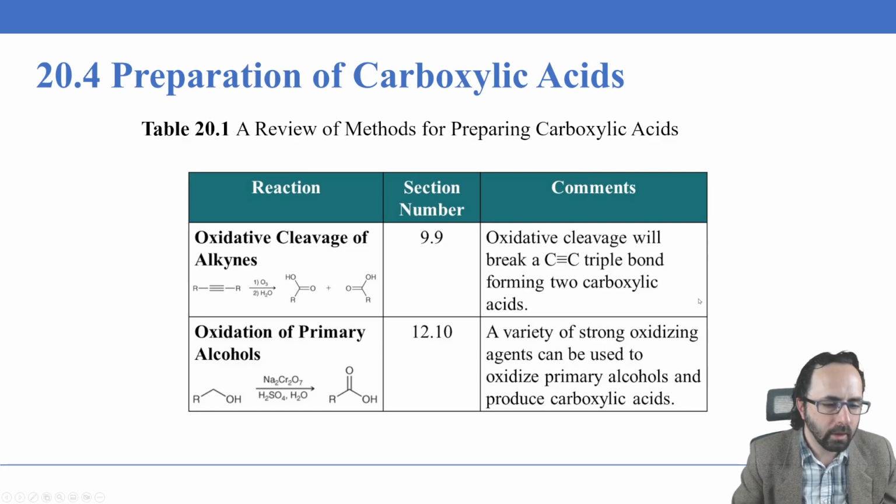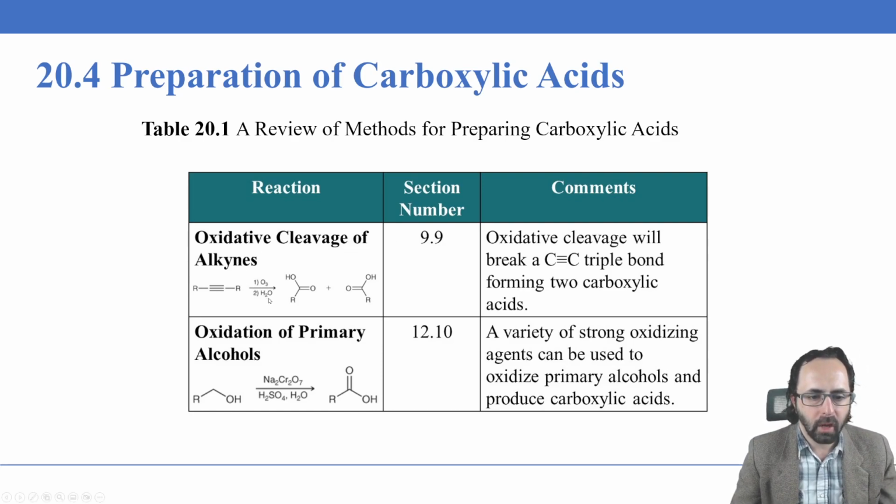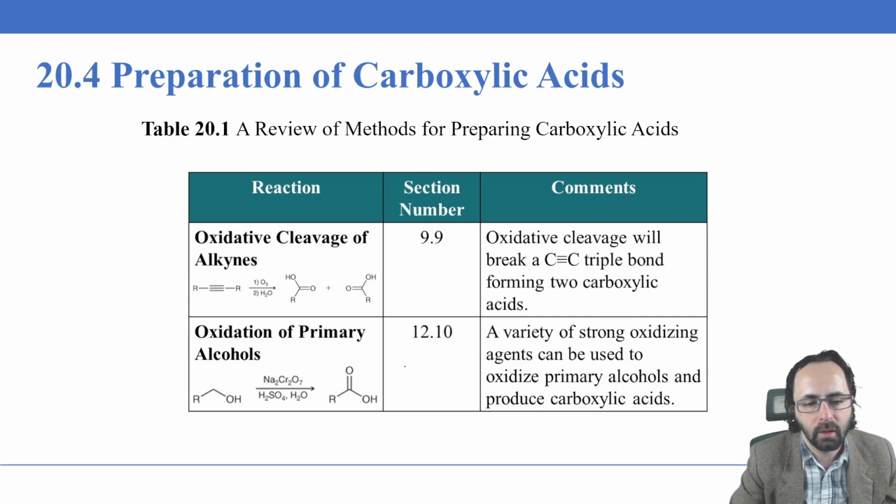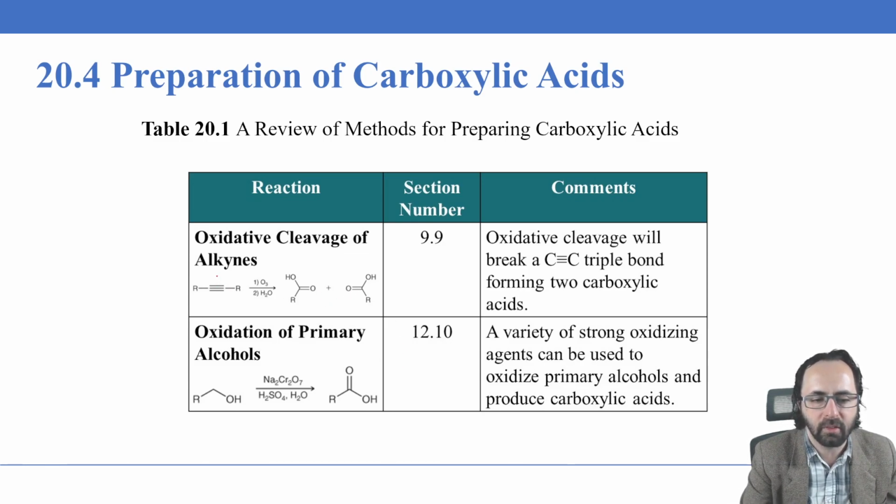When it comes to preparing carboxylic acids, we have a number of ways that we have covered in previous chapters. One way was the oxidative cleavage of alkynes, using ozone followed by water for protonation of the products. There was not a full mechanism given for this in chapter 9 regarding alkynes, but this is one way to produce carboxylic acids. What happens essentially is you split the triple bond, and on either side of the triple bond you end up adding this group, the carboxylic acid here.